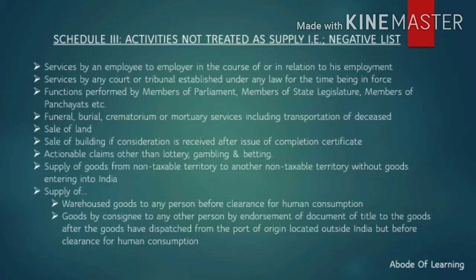The first one is services provided by an employee to his or her employer in the course of his or her employment. That means that person is very much a part of that organization, very much the employee of an organization, and whatever services that person is providing to that organization will not be considered as a supply under GST when that person is working in that organization.